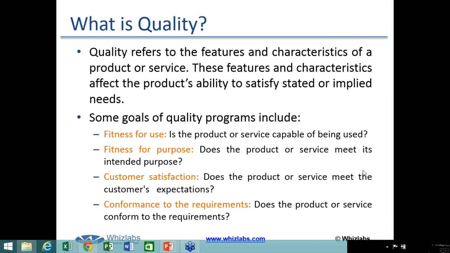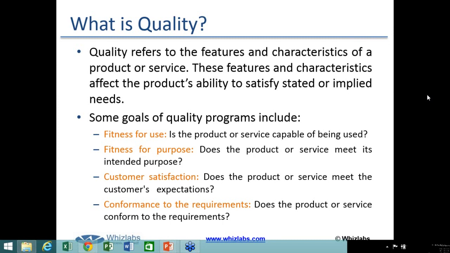Okay. Now, some of the goals of a quality program: it should be fitness for use. Fitness for purpose: does the product or service meet its intended purpose?